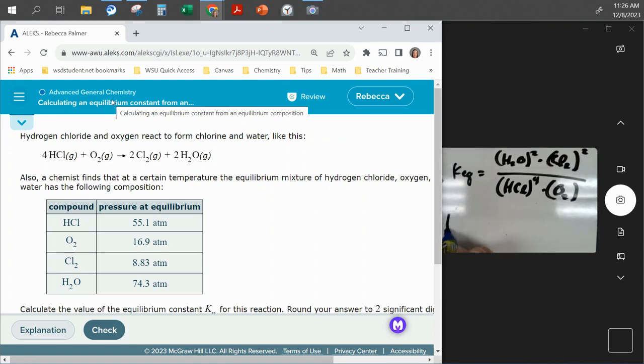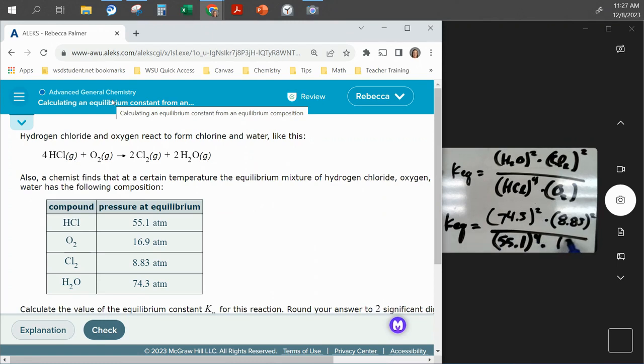And then I just put the values from the table into the equation. So I need water. Water is 74.3 atmospheres, squared, times 8.83, also squared, over HCl, which is 55.1, to the 4th power, times oxygen, which is 16.9.